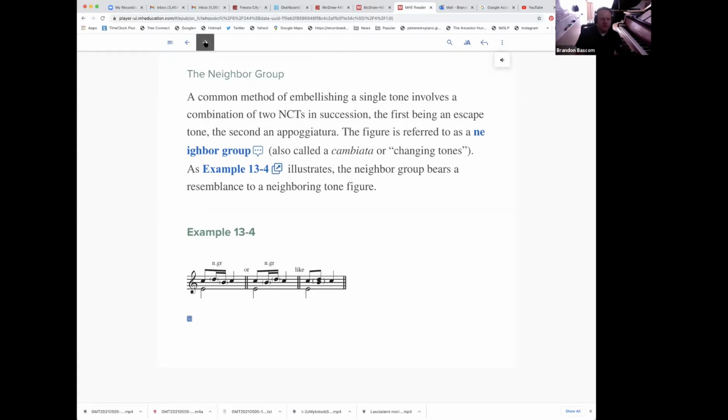Neighbor group, just what you wanted. A common method of embellishing a single tone involves a combination of two NCTs in succession, the first being an escape tone, the second an appoggiatura. The figure is referred to as a neighbor group, also called cambiata or changing tones.